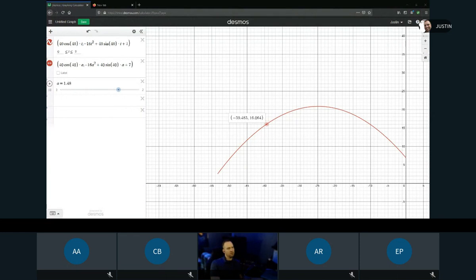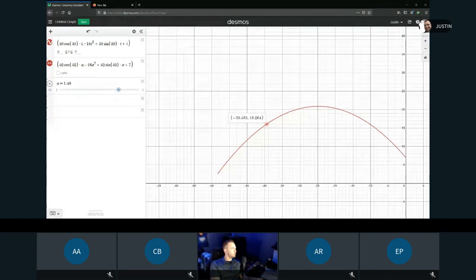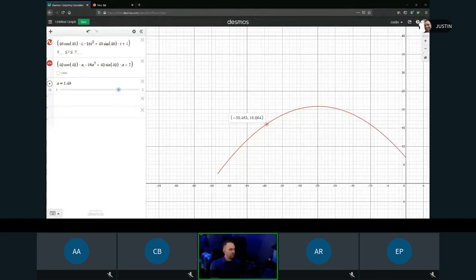And everyone got 45.35 feet? Is that right? I'm hitting this in my Desmos. I don't know. Try using 1.53.